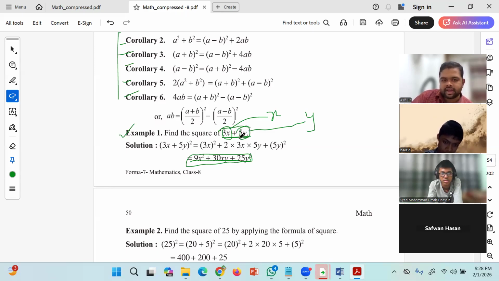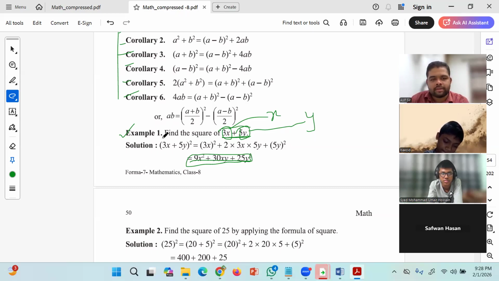When solving mathematical problems, we have to think like that. Think of this object as x and the second object as y. So, the given expression seems like x plus y.